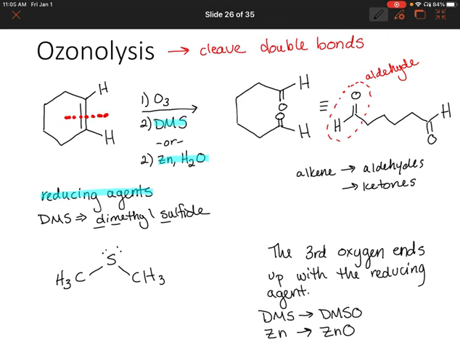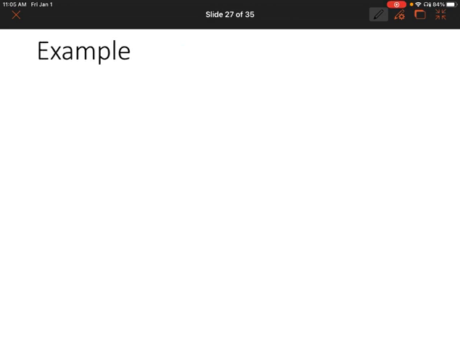All right. So let's get some practice in with ozonolysis. Let's look at a couple of examples. All right, so let's start with an alkene that has two ethyl groups that are cis to each other, and then two methyl groups that are cis to each other.